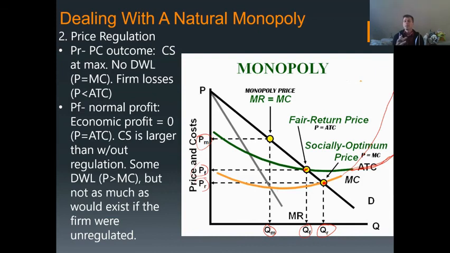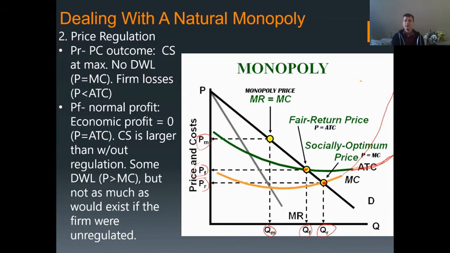Now, the problem is, in a lot of cases, as is shown here, your socially optimal price would force this monopoly into a loss. So if they have a loss, well, they're not going to stay open. So you can't necessarily do this unless you subsidize them. A subsidy is a payment to a firm to do something.